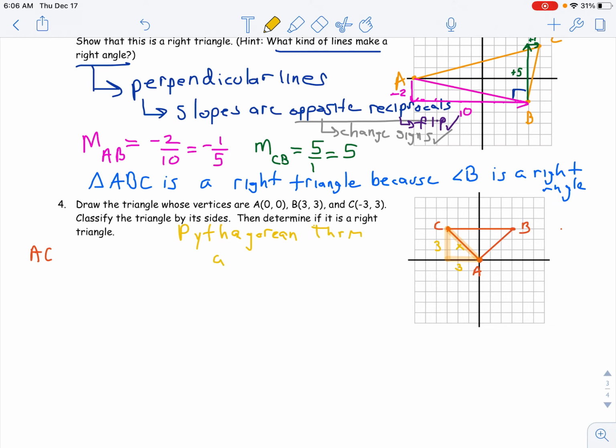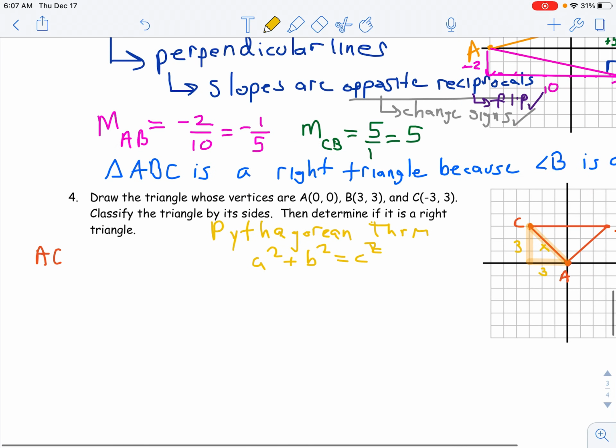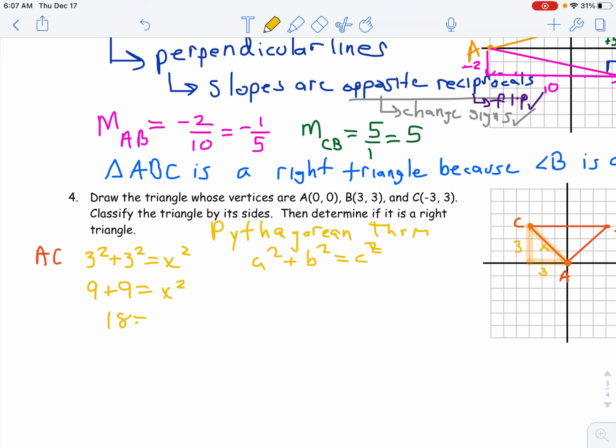Pythagorean theorem, that's a squared plus b squared equals c squared. So that's what we're using right now, the Pythagorean theorem shortcut. It's the same thing as the distance formula, just on steroids. So we're going to have 3 squared plus 3 squared equals x squared. 9 plus 9 equals x squared. 18 equals x squared.